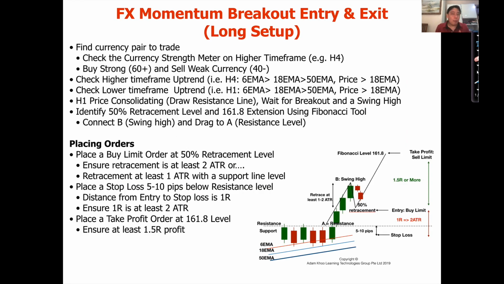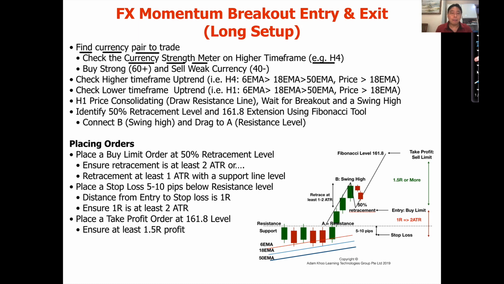Okay, so let's summarize everything we've talked about so far. And again, this is for the long setup. So what's the first thing you do again? You find which currency pairs to focus on for the day. So to do that, once again, check the currency strength meter on the higher time frame. So again, if you're trading on H1, we're looking at the H4 time frame.